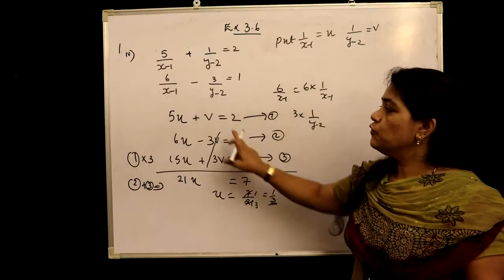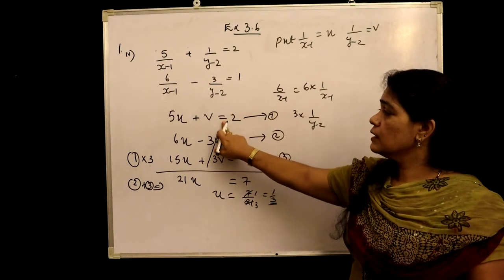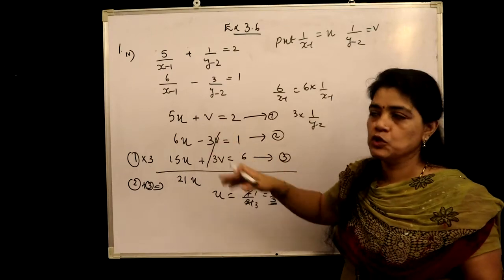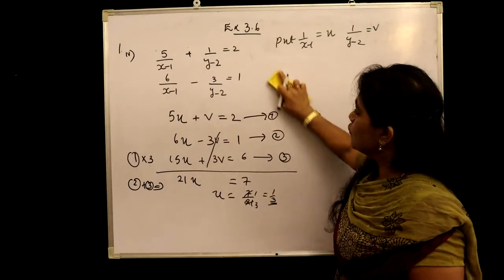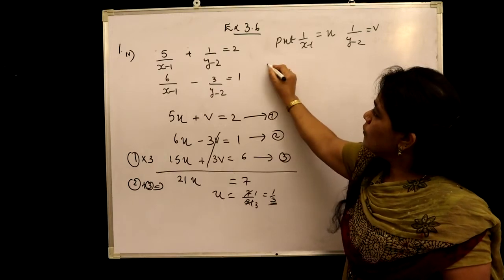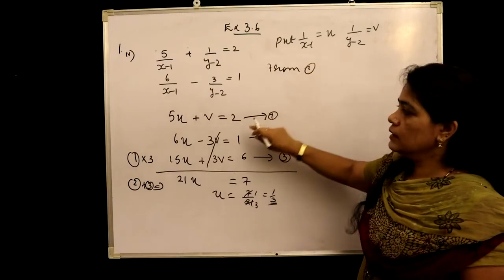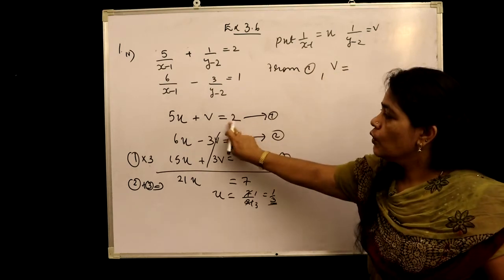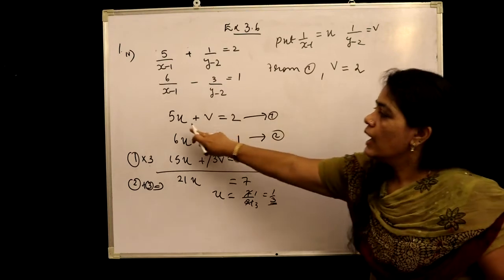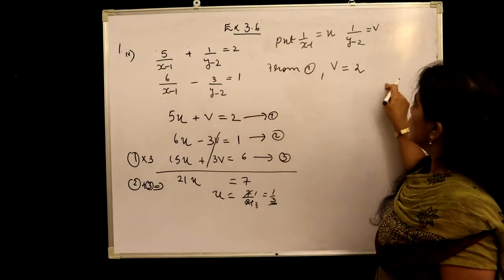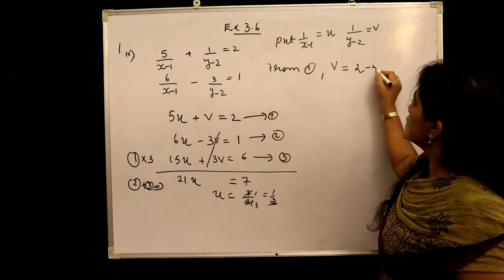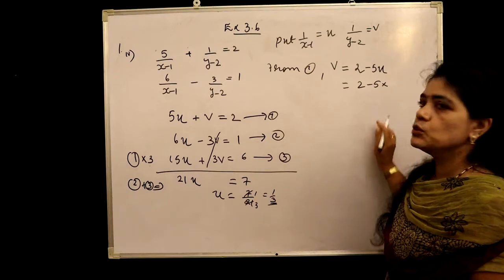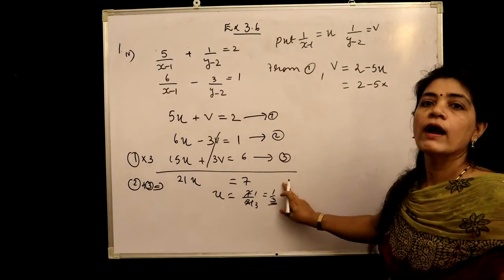So in order to get v, you can substitute into the first equation. We are going to write the first equation with respect to v. So from equation 1, v is equal to, writing the RHS term first, 2, and plus 5u taken to the RHS becomes minus 5u. That is 2 minus 5 into u, which is 1 by 3.